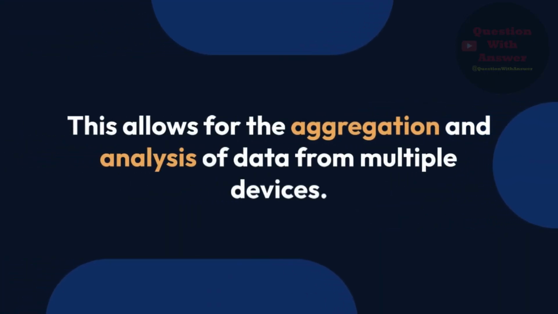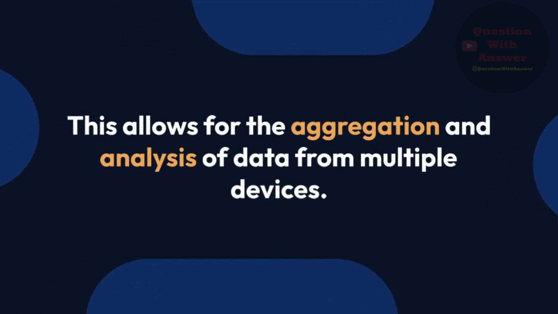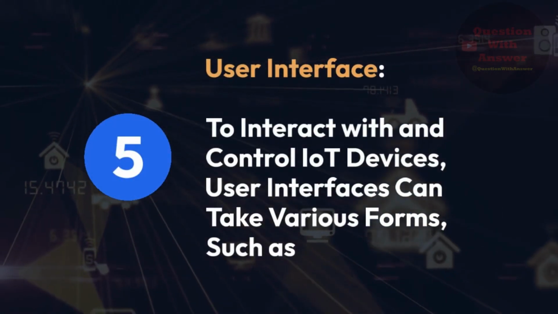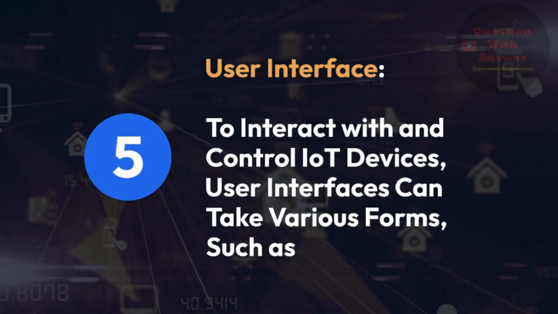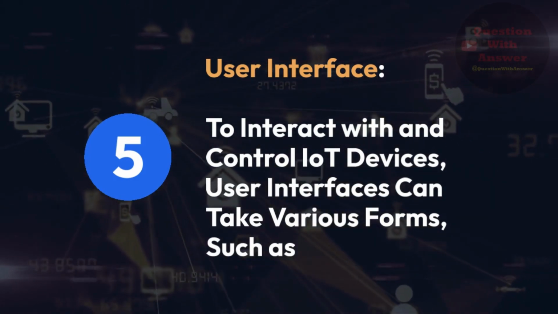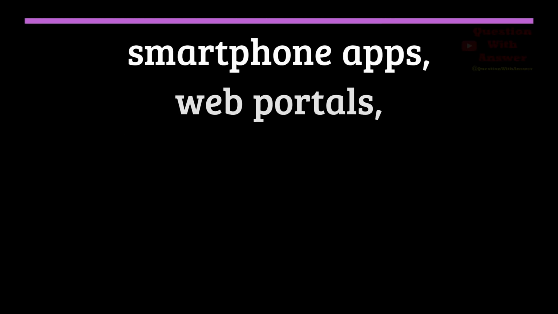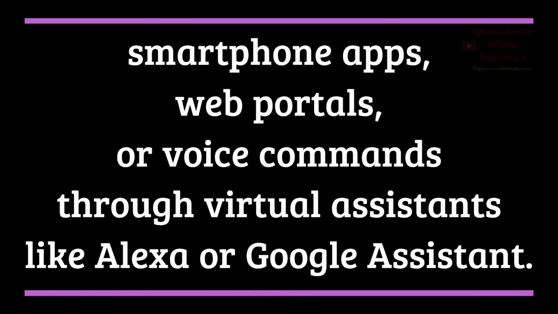This allows for the aggregation and analysis of data from multiple devices. 5. User interface. To interact with and control IoT devices, user interfaces can take various forms, such as smartphone apps, web portals, or voice commands through virtual assistants like Alexa or Google Assistant.